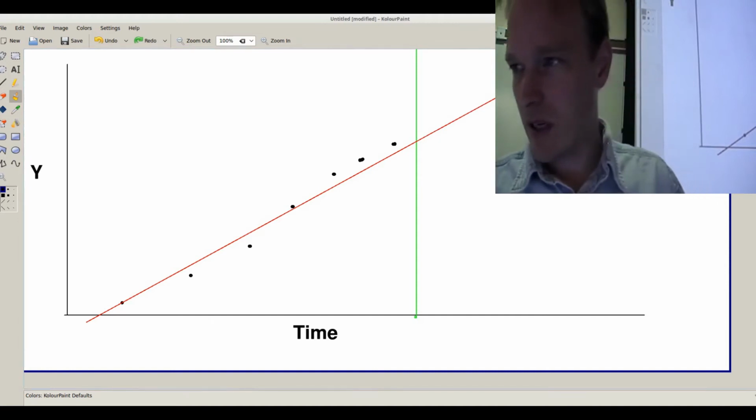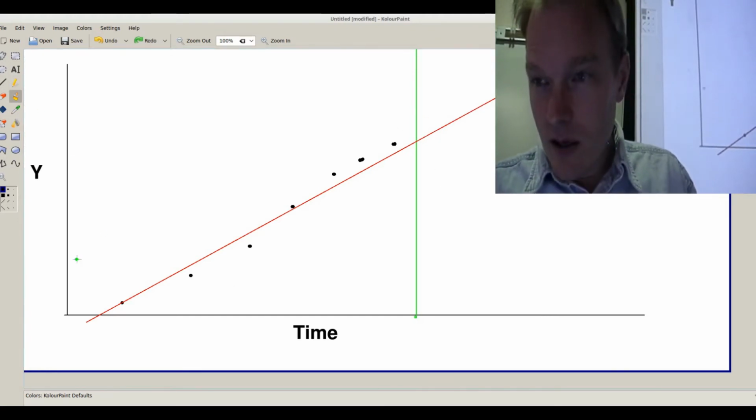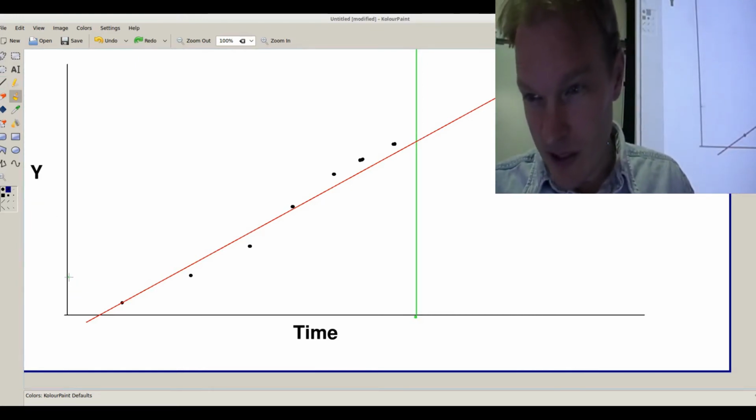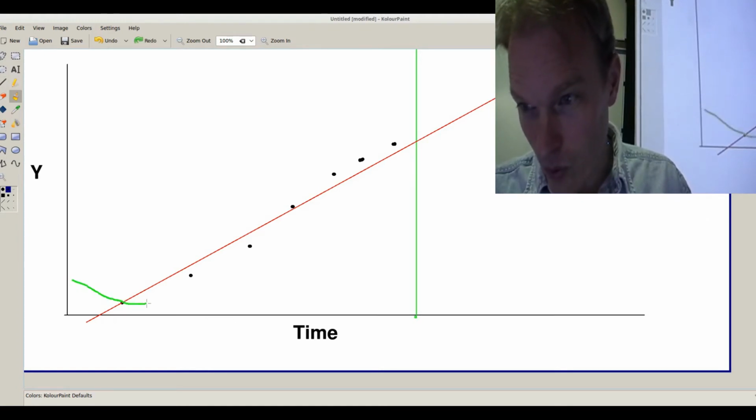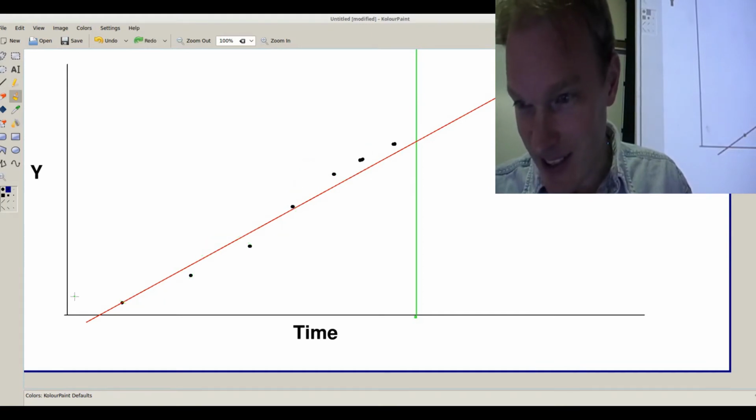Okay, well, some guy comes along and says, I have a better model. My model goes like this. Oops, I missed. Oh, dang it. Ah, I erased it.